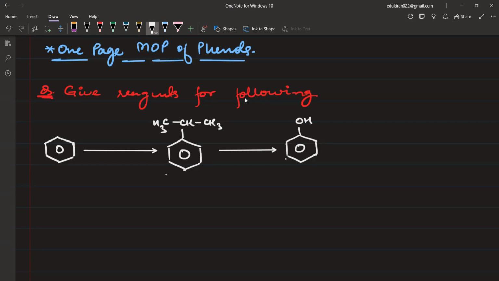See, this you must know, we just did this reaction. First step is O2. Second step is H2O in the presence of H plus, right? But what about a reagent that is going to give me cumene?